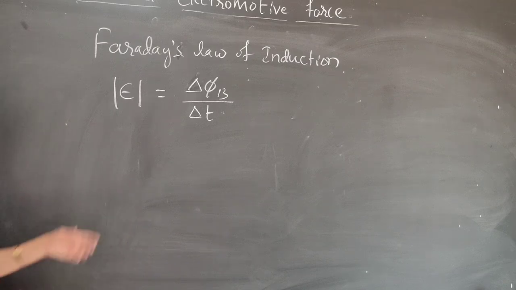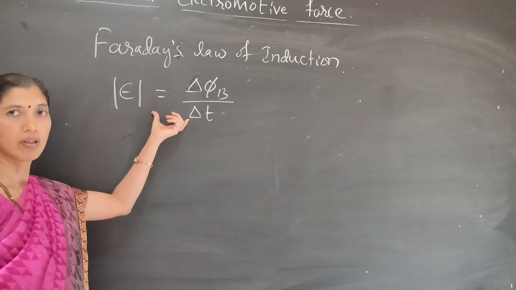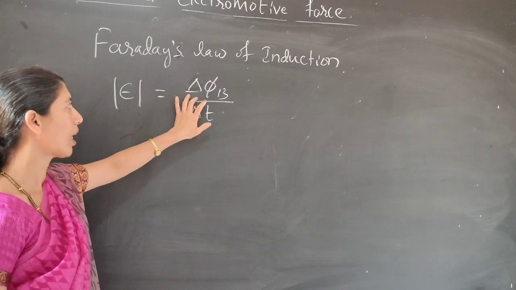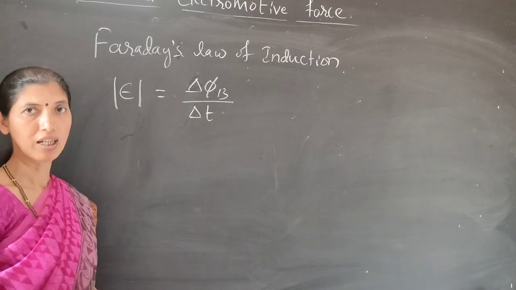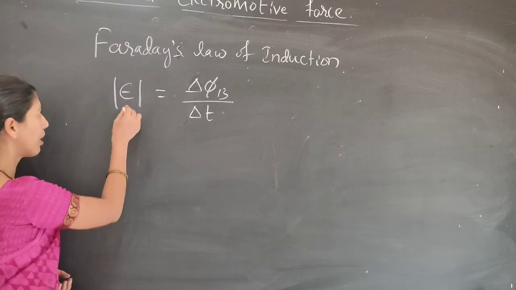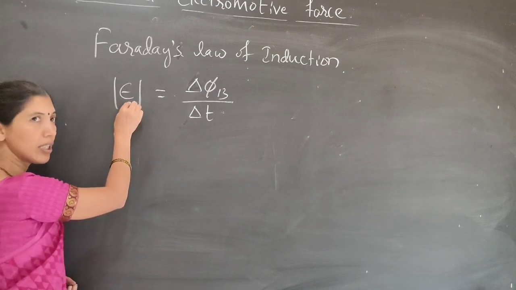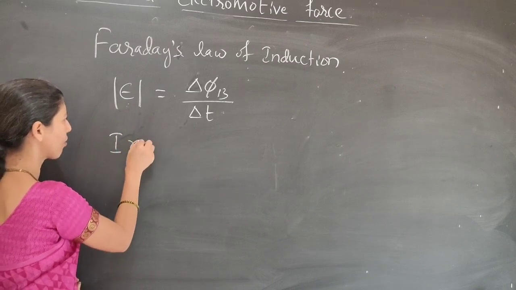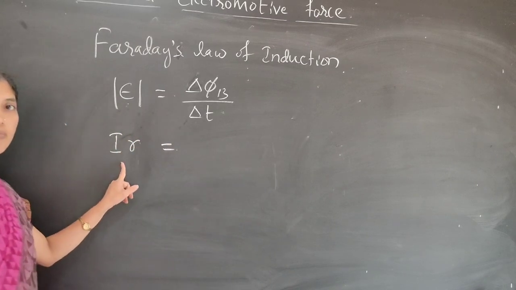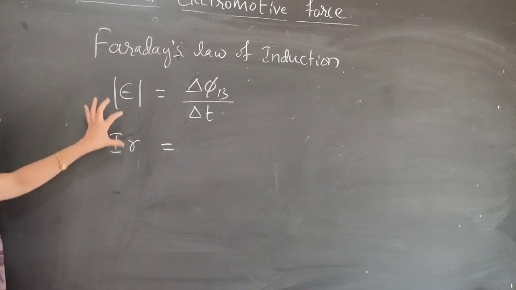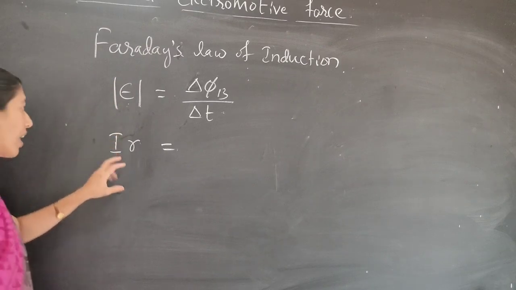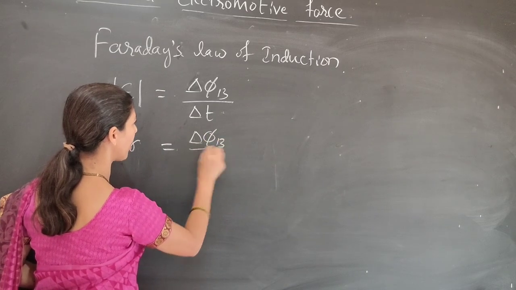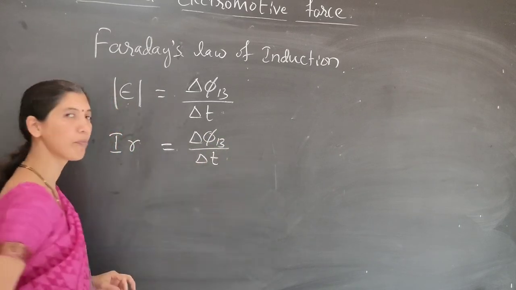I have taken the magnitude, so the minus sign is not written. However, in the previous chapter we have studied that this EMF is equal to I into R. So I into R is equal to delta phi B divided by delta t.